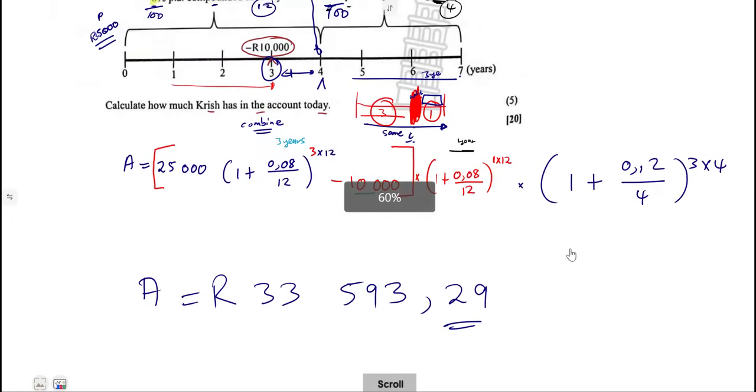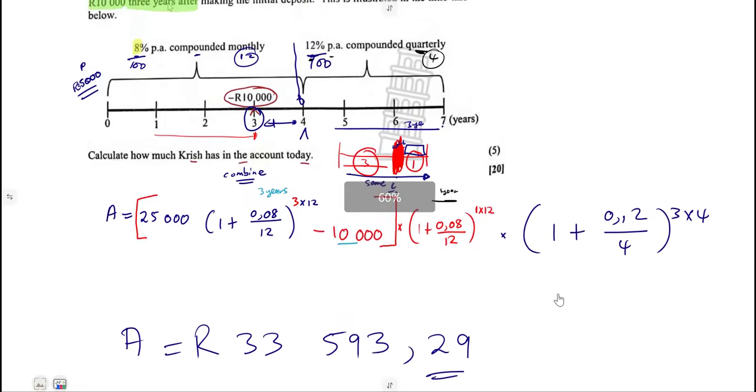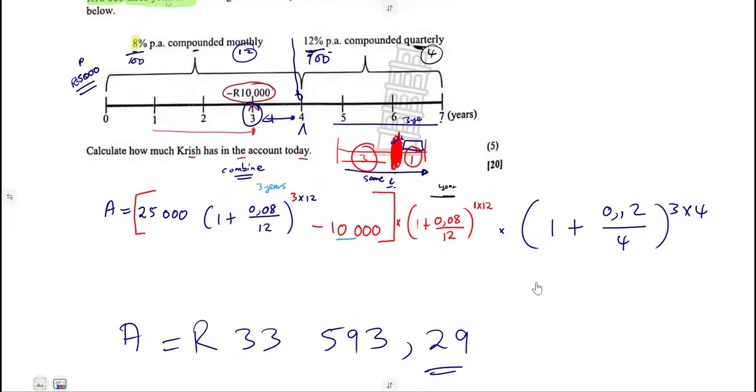So on our finance, we are going to add more questions. It's unfortunate that we did not have a proper introduction. So we are going to try by all means to work out introductions of our finance before the end of this term, for those who still have exams ahead of time.